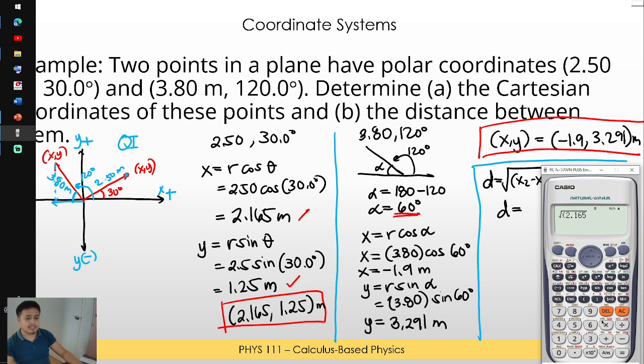It should arrive at the same answer. So 2.165 minus negative 1.9, so we have plus 1.9 since double negative, squared, plus 1.25 minus 3.291 squared. So the distance between these two points is 4.549.